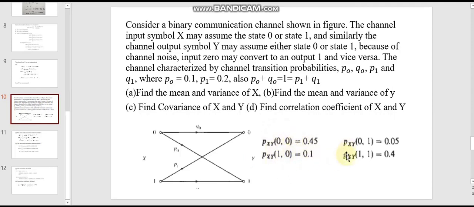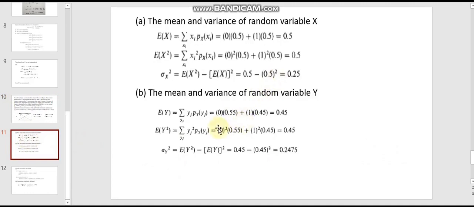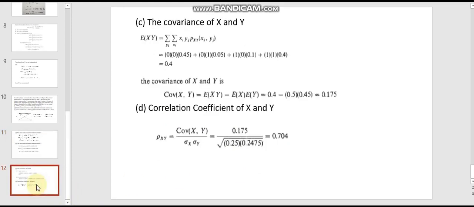When y is equal to 1, the probability is 0.45. So incorporating here, I will get the expected value of y equal to 0.45. The second moment of y is 0.45. By incorporating in this formula, I will get the variance of random variable y, which is 0.2475.